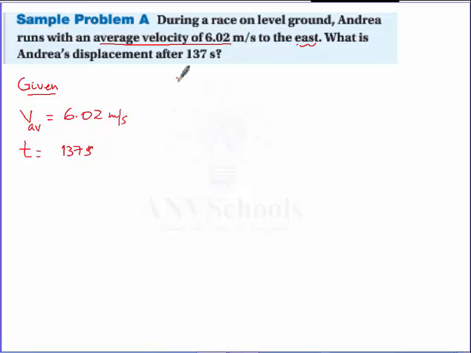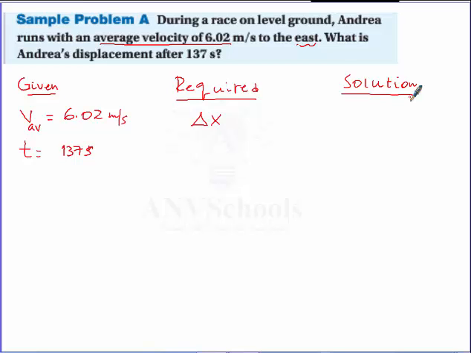We are asked to find Andra's displacement. Whenever you are solving physics problems, it will be better to list out the given quantities by picking them out from the question.